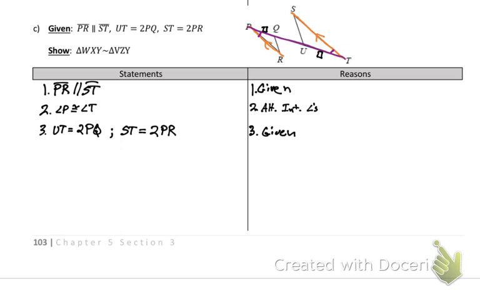Okay, then the next thing says ST. Let's put a circle by ST. And then they compare it to PR. And they say if I have 2 PRs, it equals ST. What they're saying is, if I take any side from this triangle, or if I take this circle, multiply by 2, I get this length. If I take this box, multiply by 2, I get this length. So what they're telling you is this triangle is 2 times the size.